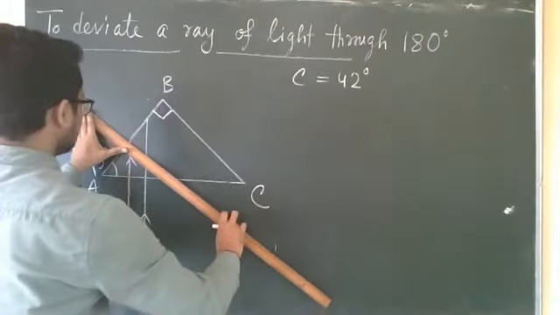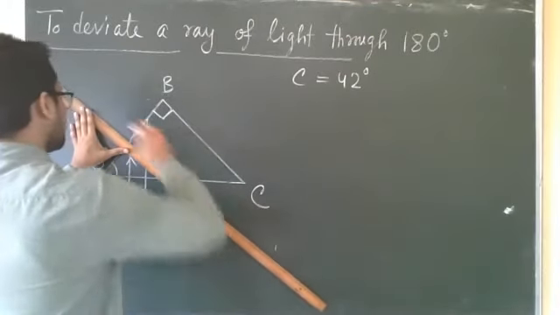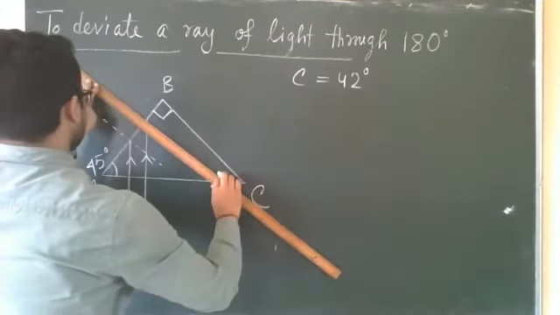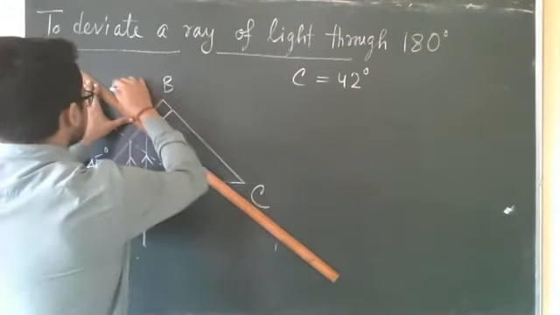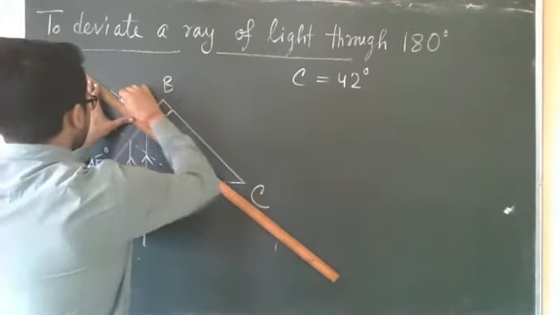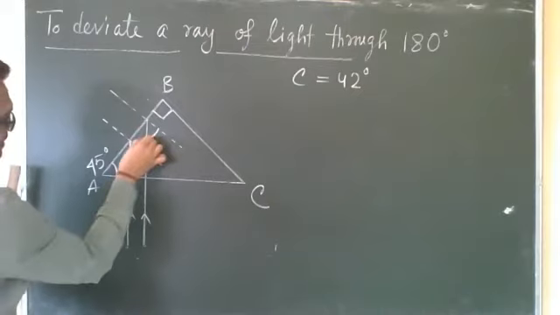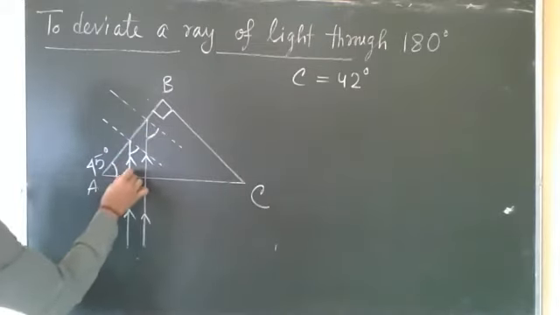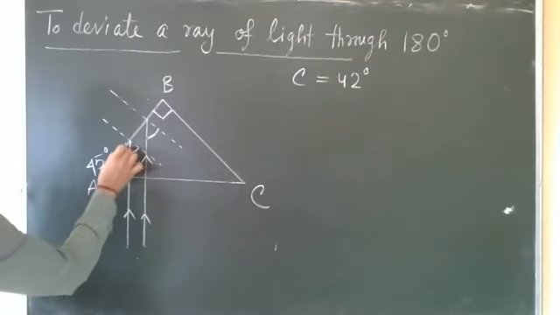Then here it is not along the normal, so draw the normal and find the angle of incidence, which I tell every time: find the angle of incidence and then check. Which one is the angle of incidence? This one. This is 45, this is 90, and this is 45.